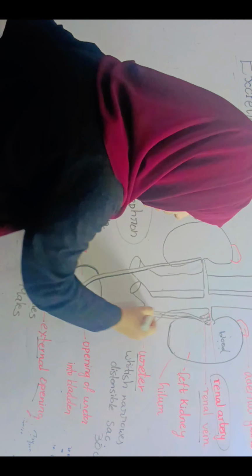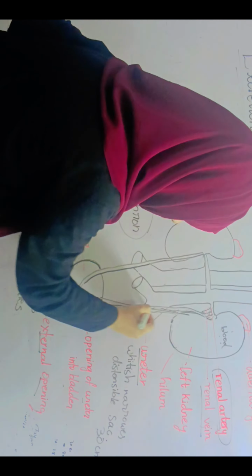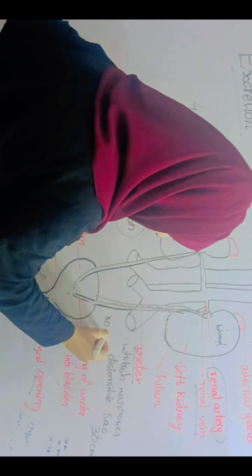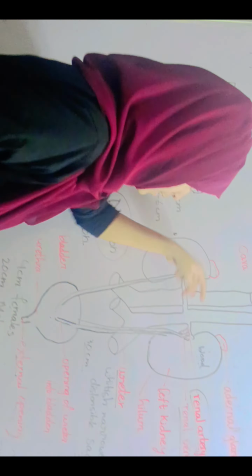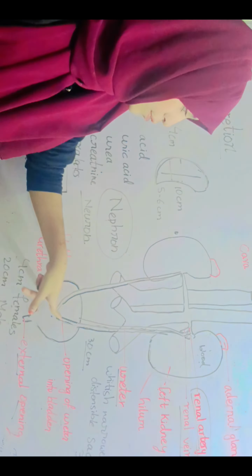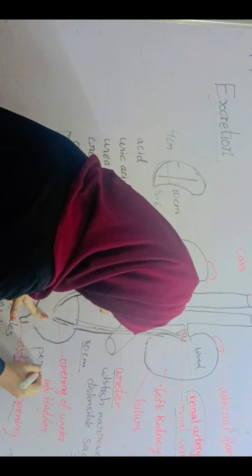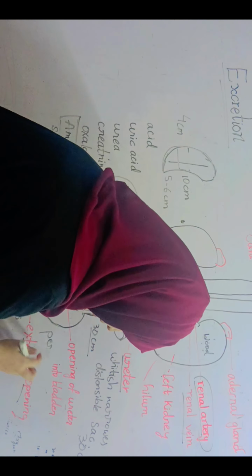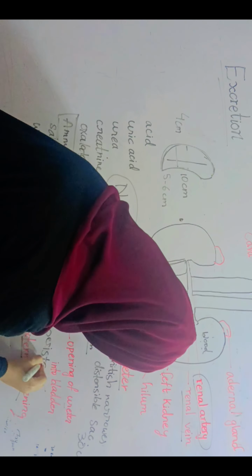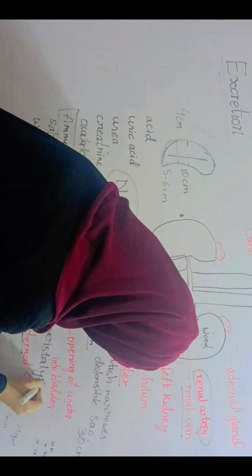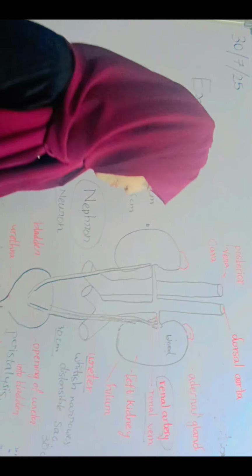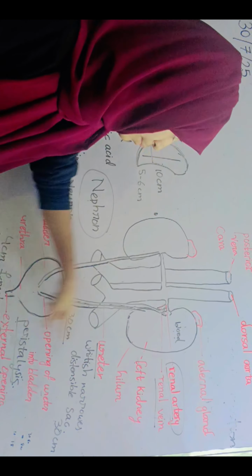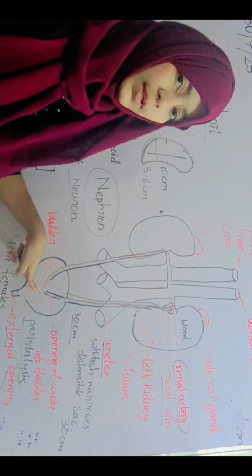This ureter, which is 30 centimeter in length, is a whitish narrow distensible tube. By which movement does it move? By the help of peristalsis movement. You know peristalsis movement from 9th class, okay? So by peristalsis movement the urine comes down.